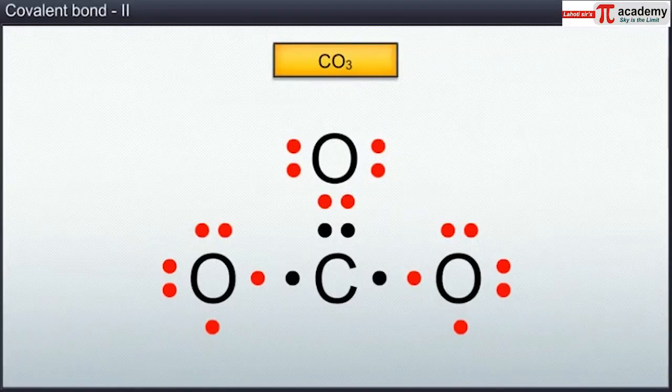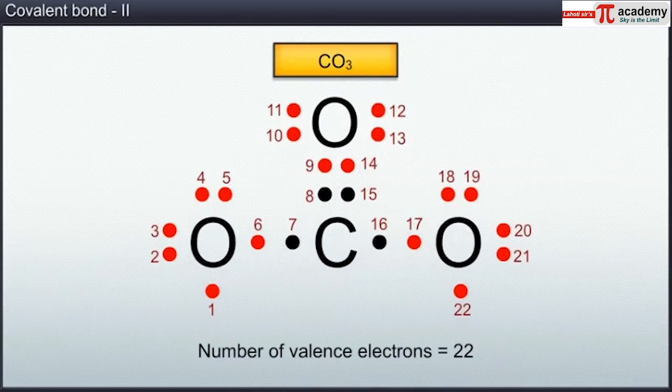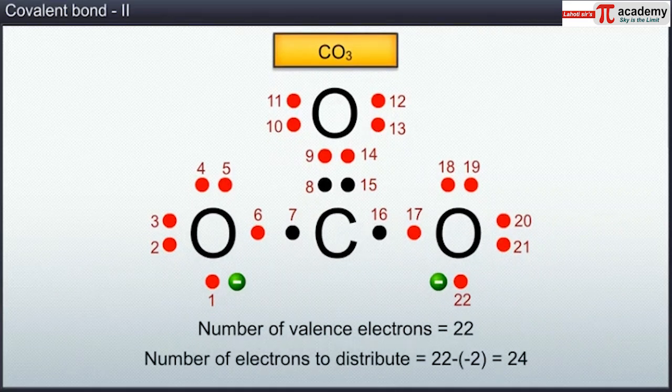The number of valence electrons in a carbonate ion is the sum of valence electrons of 3 oxygen atoms and the valence electrons of the carbon atom. That is 22. Therefore, the number of electrons to be distributed in a carbonate ion will be 22 minus negative 2, that is 24.